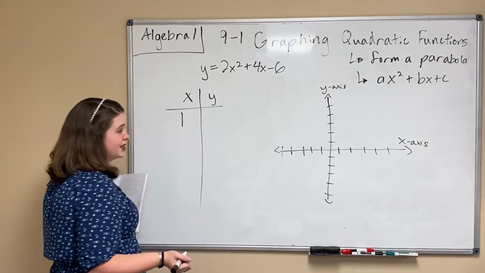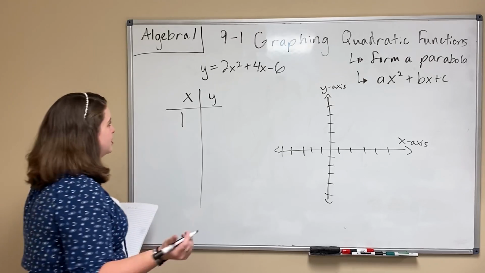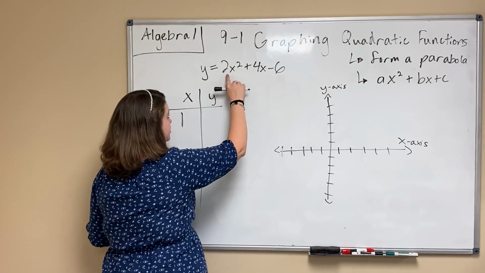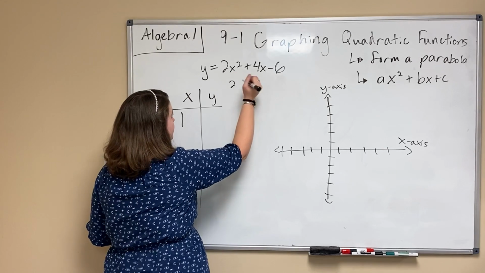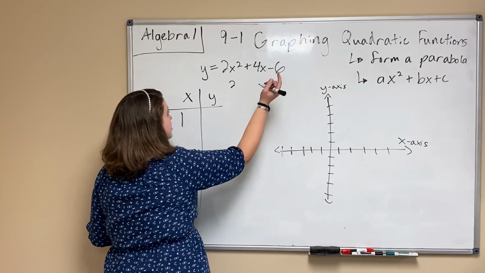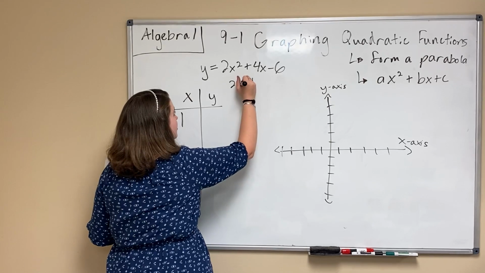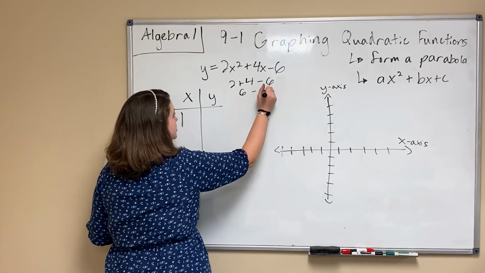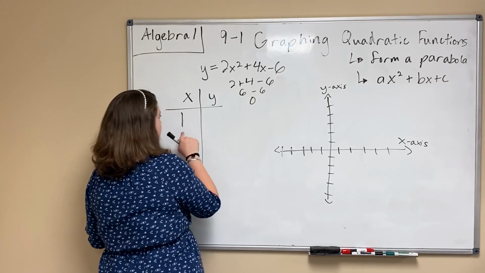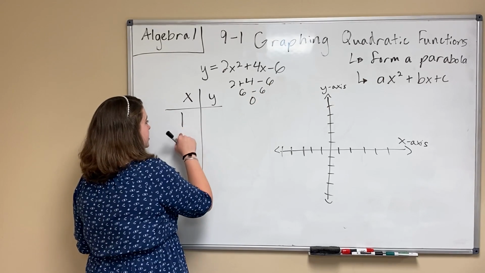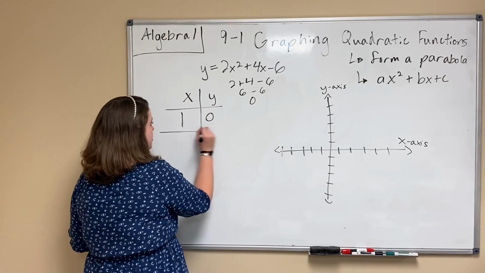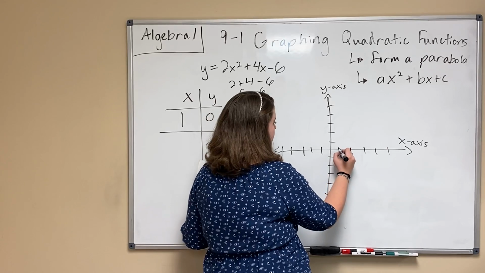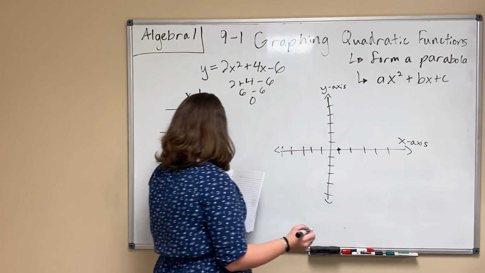That's going to make our math a little bit easier, because 1 squared is 1, and 2 times 1 is 2, plus 4 times 1, which is 4, minus 6. 2 plus 4 is 6, minus 6 is 0. So when our x is 1, our y is 0. That's going to be our first point on our graph. When x is 1, y is 0.